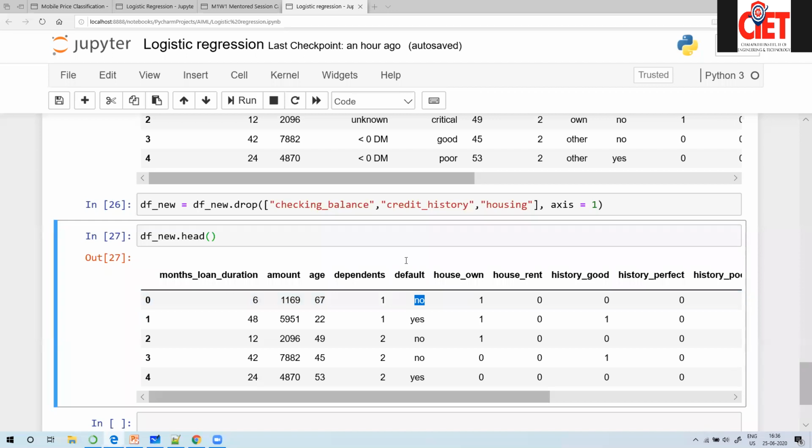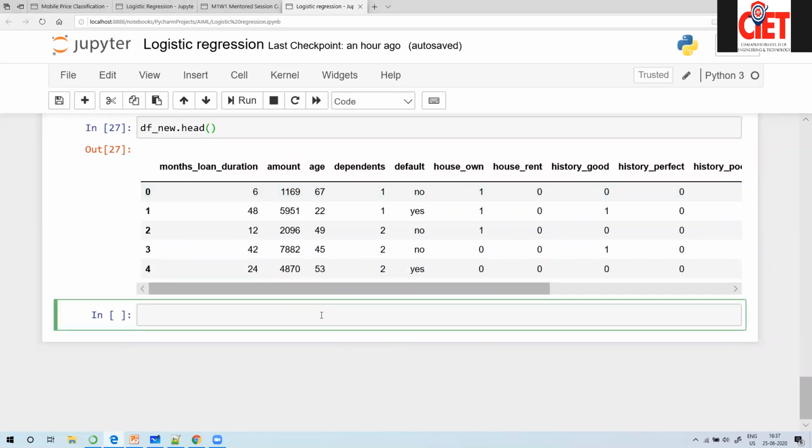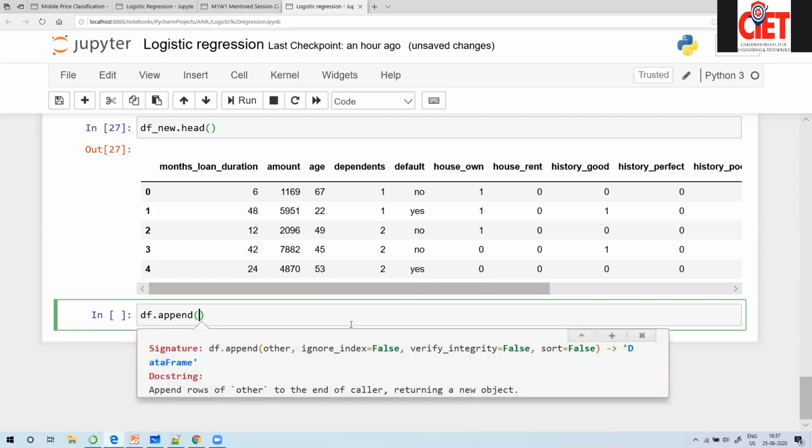Append is generally a method applicable on a list, but a pandas data frame doesn't have such a method. If you see append, it is typically to append rows. It might have columns also, I don't know. Ignore index.